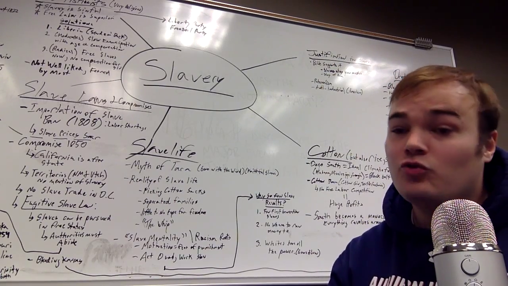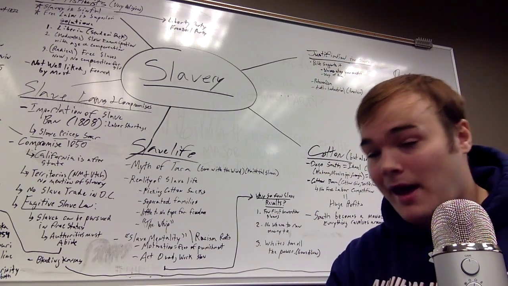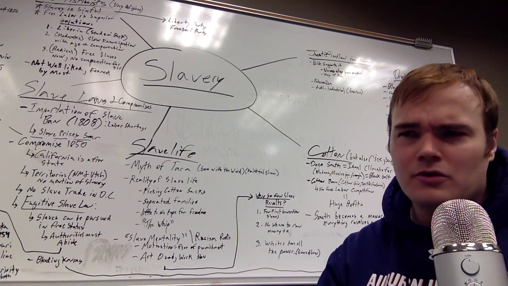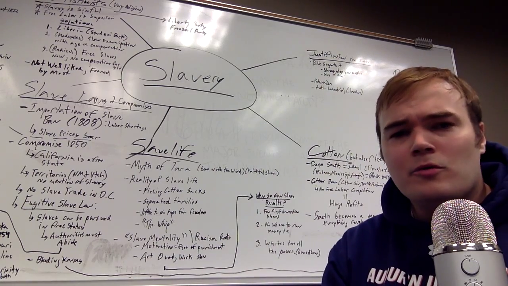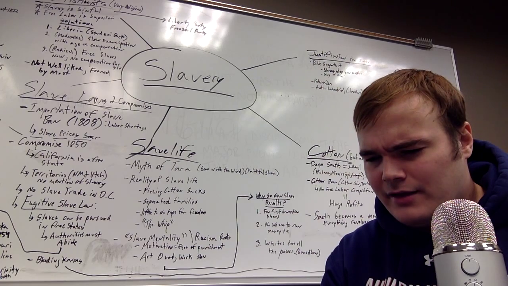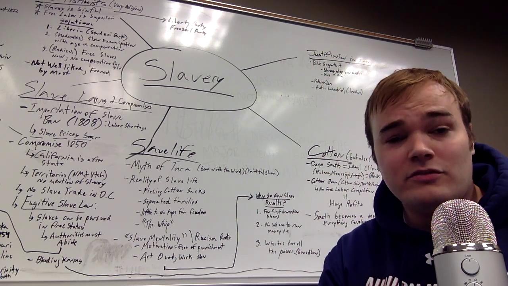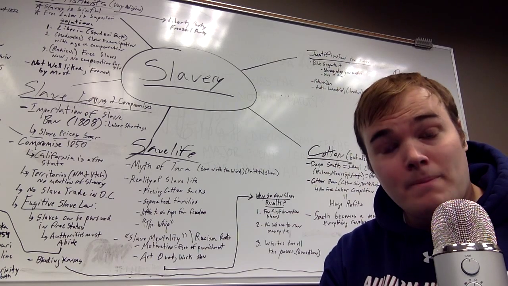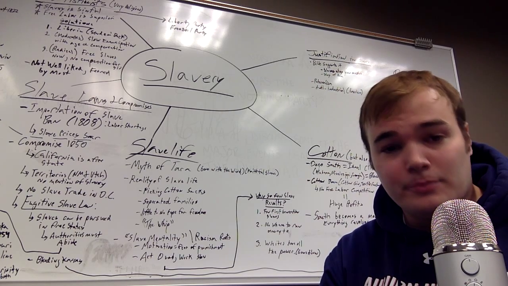There's this sort of mutual love between the slave and the master. This is where we get Mammy, who's always by her mistress' side and the master's side and all that sort of stuff. And it's a myth. It's just not true. The reality of slavery is much darker than what Gone with the Wind would have us believe.